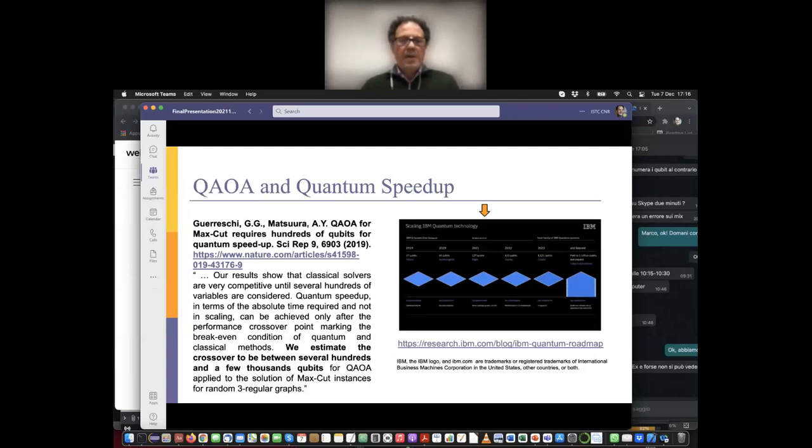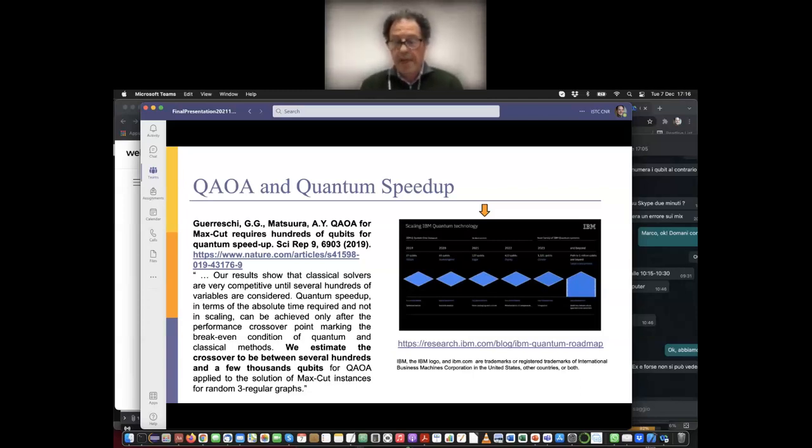And now, I just want to cite this paper. It's a recent paper from Harrigan and Matsuura, where they have studied exactly the QAOA approach to implement optimization algorithms for the specific max-cut problem, which is one of the problems we can solve.